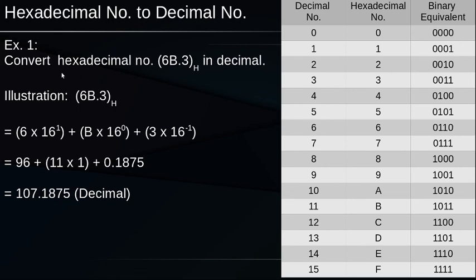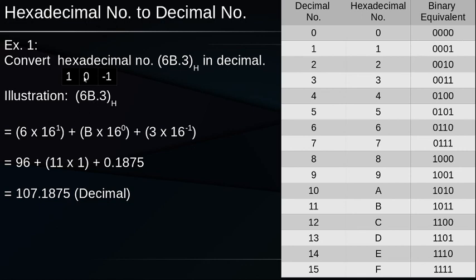Now we have to convert hexadecimal number 6B.3 in decimal number. So we can do it by using place value method. So first of all, we have to find the place value of each digit. So for integer part, as we did, we again do.